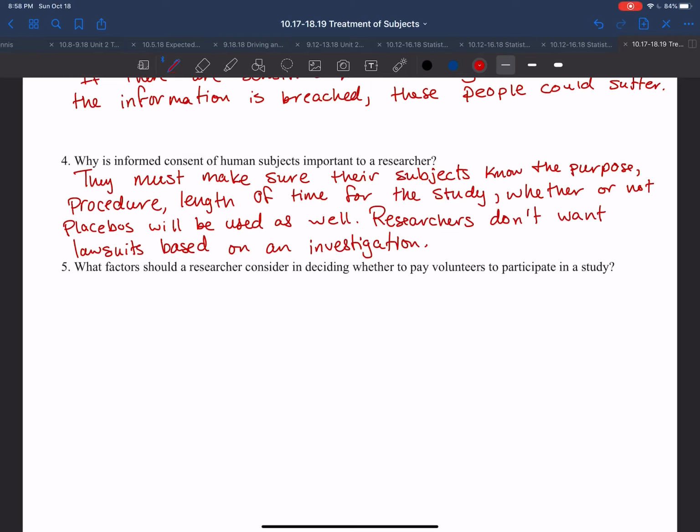So if you're a mattress company and you want 100 people to test this new mattress that you're coming out with, you go up to people and say, hey, I'll pay you to use this mattress in your house for the next month every night. If you don't know how much you're going to be paying them in advance, it's going to be kind of awkward trying to say, oh, well, I guess I could pay you X amount. You need to tell them, hey, I will pay you this much money for 1 month of research.